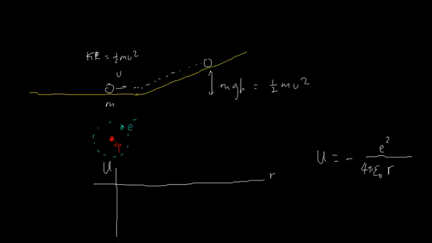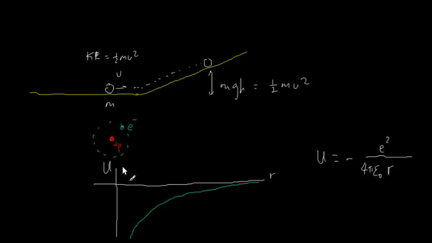Now if I plot a graph of this formula, the graph would look like this. So in the hydrogen atom, I'm not going to imagine an electron going purely in a circular orbit anymore.